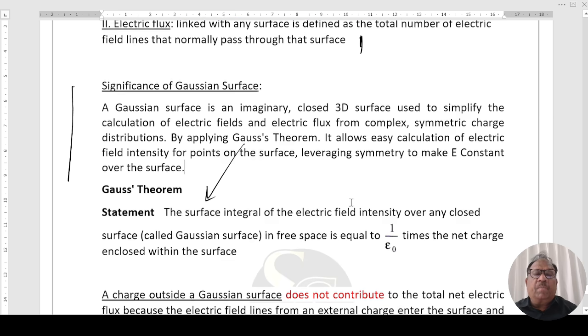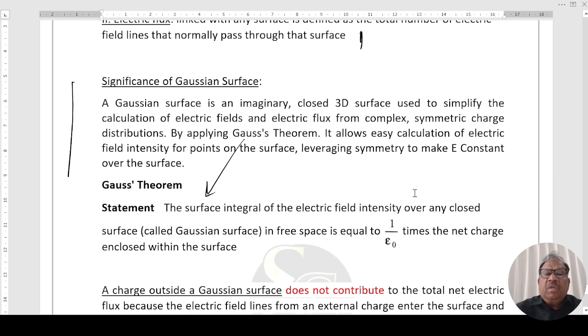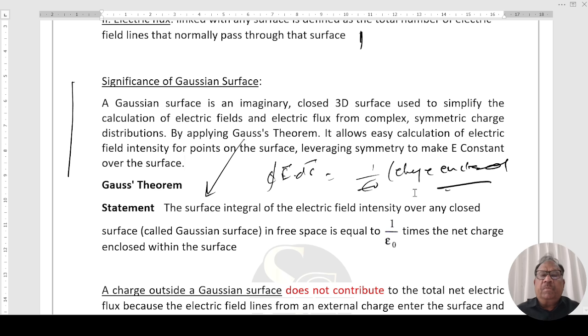What is Gauss's theorem? Gauss's theorem is that the surface integral of electric field intensity over any closed surface in free space is equal to 1 over epsilon naught times the charge enclosed: the closed integral of E dot dS. That is the Gaussian surface.